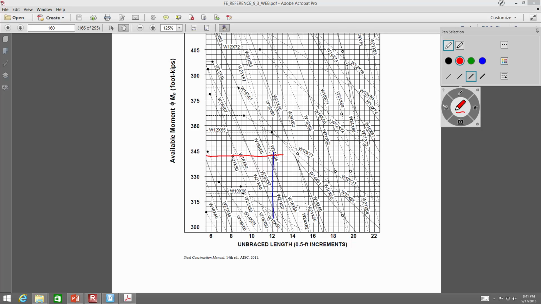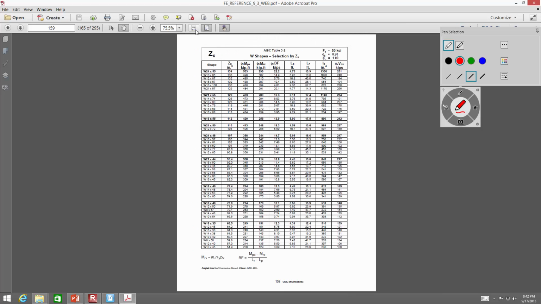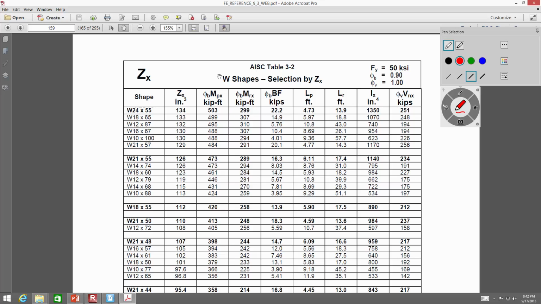Now, before we do that, if you all recall, let's go to the page before that. Here's our W-shaped selection table. This is our Zx table, right? I'm curious if this will actually work.